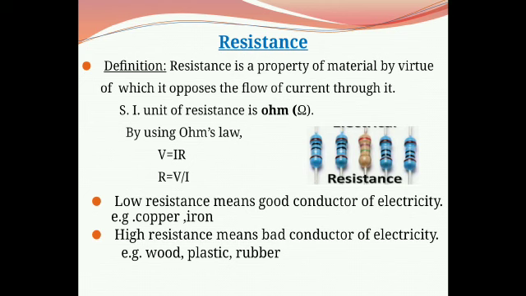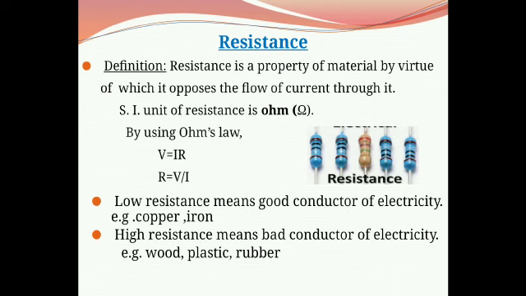Then there is some limitation to the flow of current, and the property which opposes the flow of electric current through the circuit is called resistance. It is the property of material due to which it opposes the flow of electric current passing through the circuit.